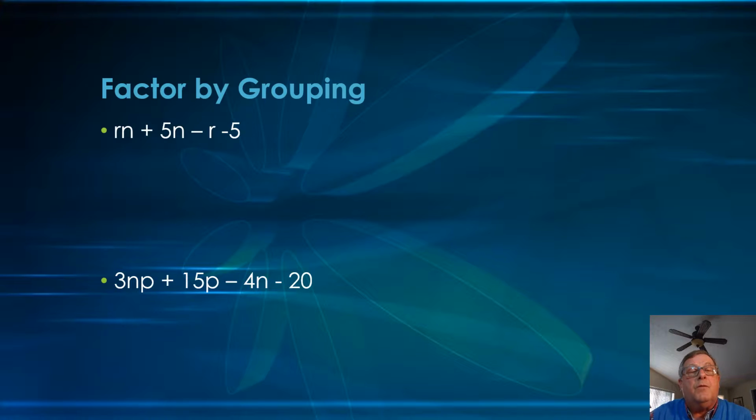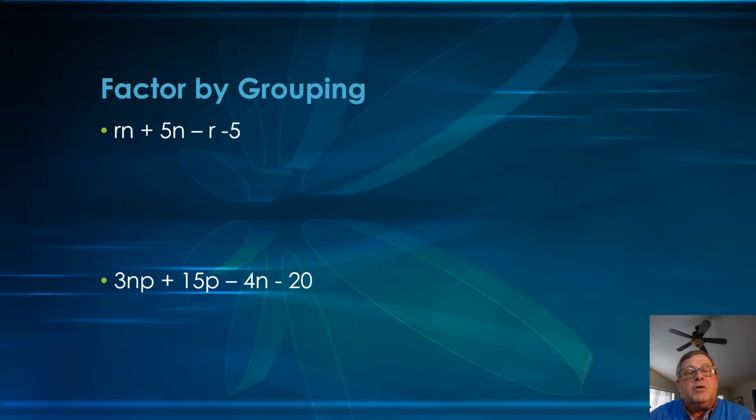And starting with this first one, we got rn plus 5n minus r minus 5. And one of the things that we're trying to get to, or one of the results we hope for, is that if we group these, we'll end up with a common factor in each grouping.